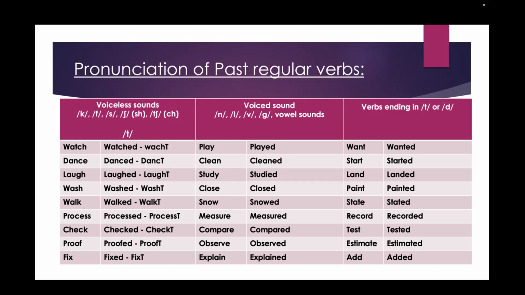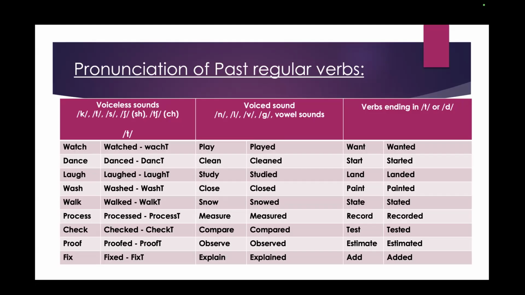Then the second category of how regular verbs sound are the ones that end in an N, L, B, G, or a vowel sound. And all this refers to how the verb sounds at the end, not to how they are actually spelled.